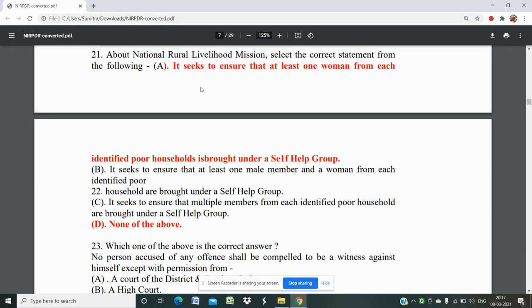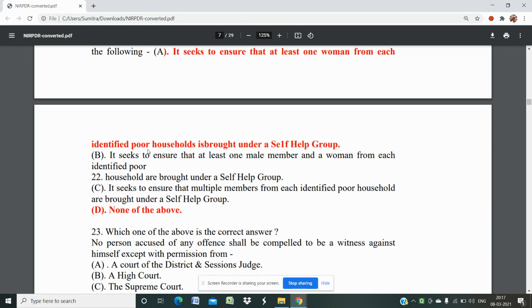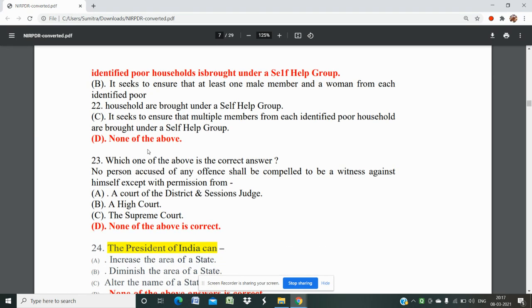It seeks to ensure that at least one woman from each identified poor household is brought under a self-help group, like SHG. Then question number 22 is also related to that.